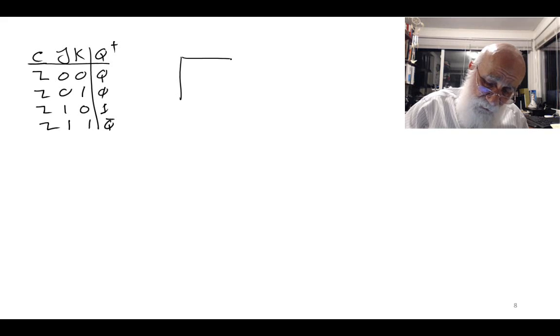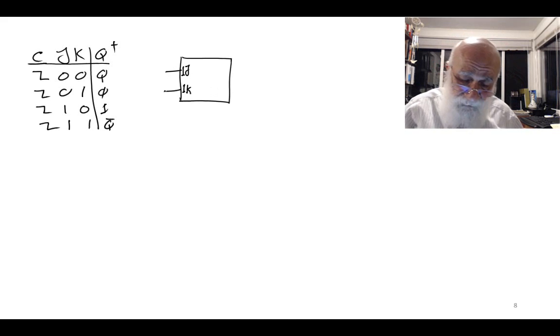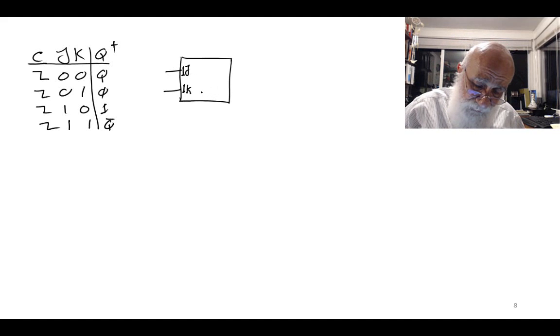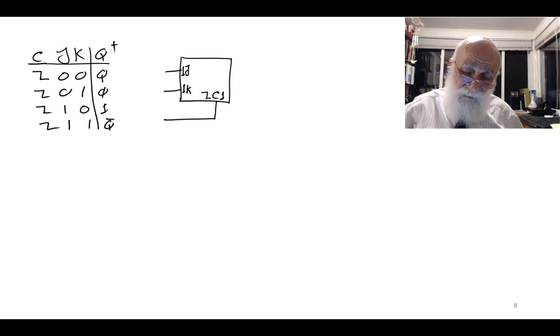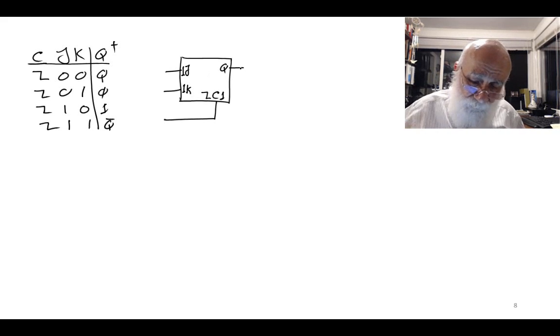And this is the structure here, J, K, 1, 1 means controlled by the clock, and then this is the C1, and this is Q.